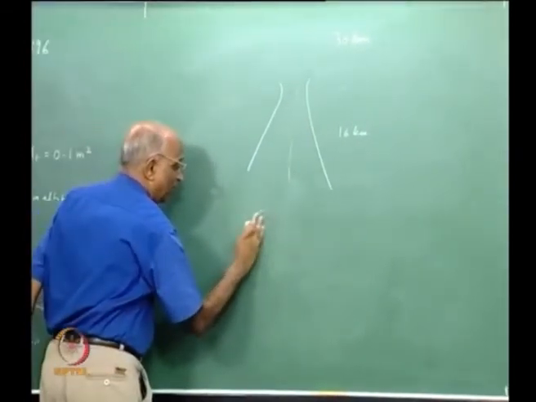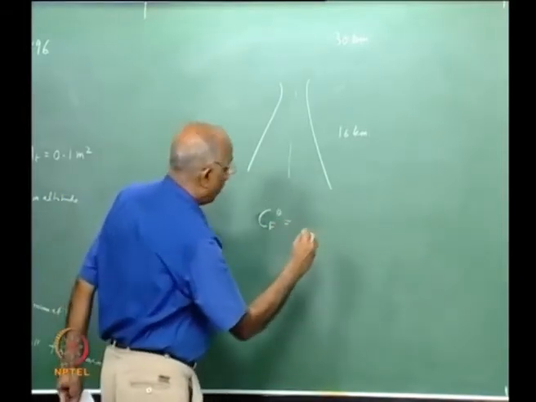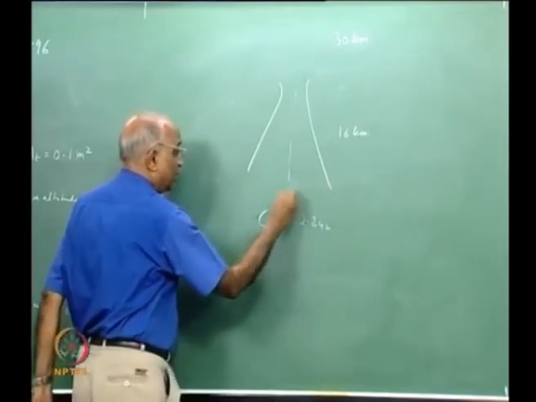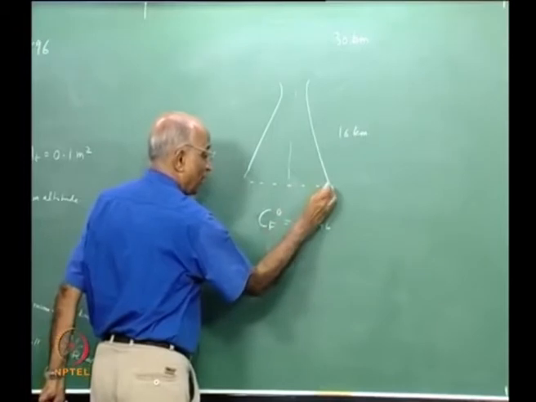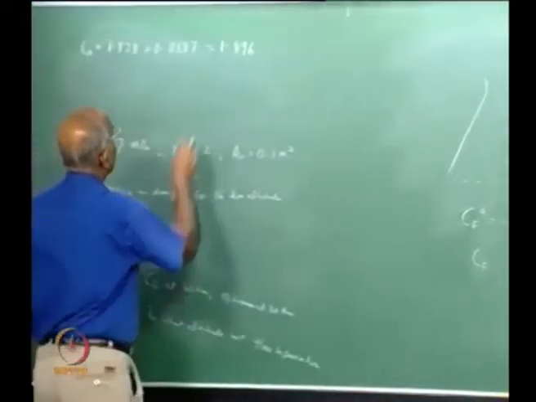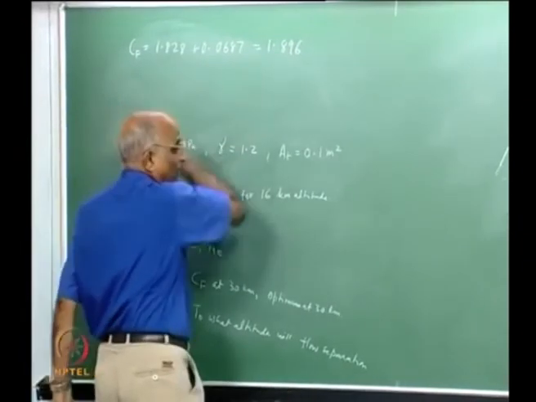I have the value of Cf optimum equal to 2.246, but since it is designed for a lower value of area ratio, I get a lower value of the pressure recovery as 0.0687, and I do not get this number to be high.